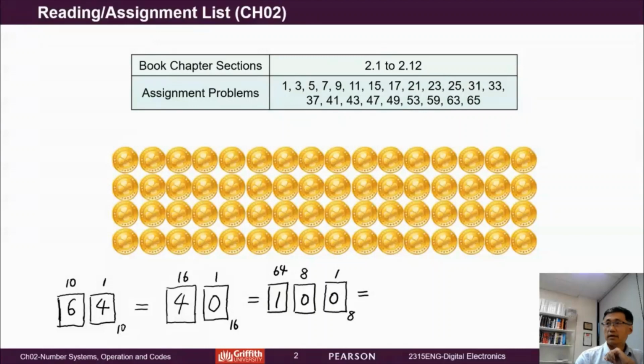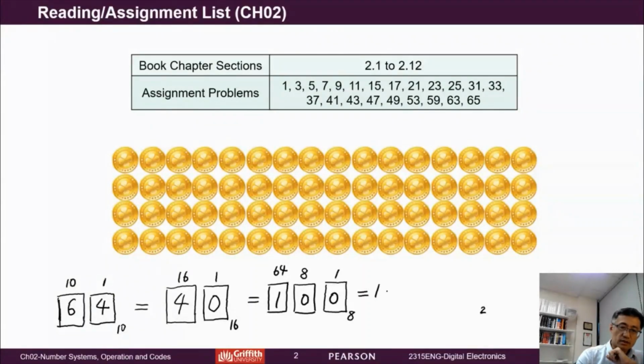One more to go. If we have just 2 fingers, like a machine, like a robot, they only have 2 fingers, either 1 or 0. So there are two numbers for each location.